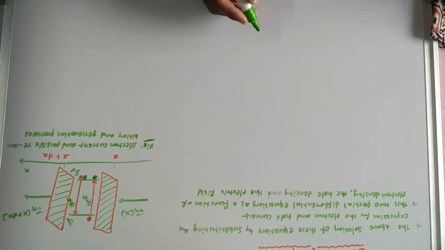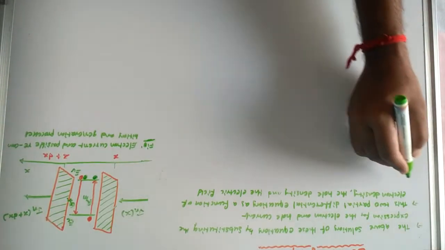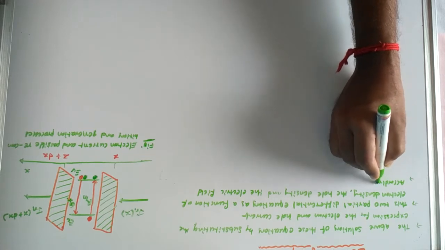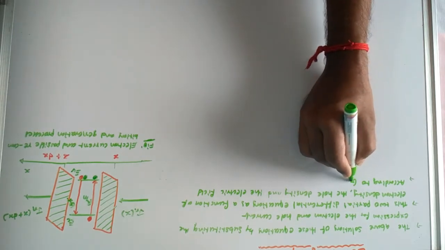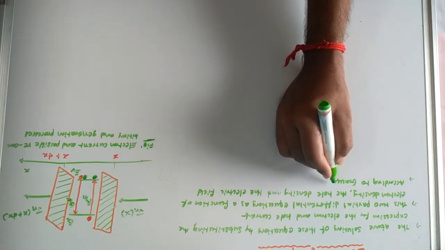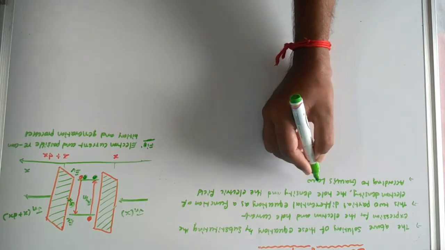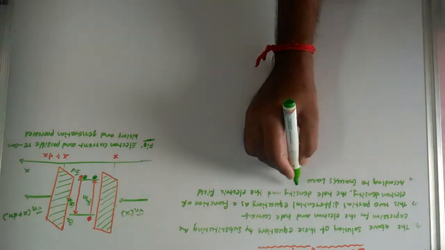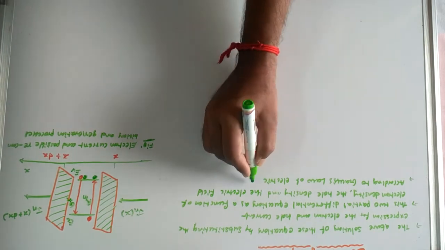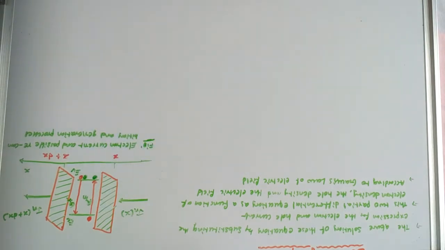The electric field itself comes from Gauss law, according to Gauss law of the electric field.